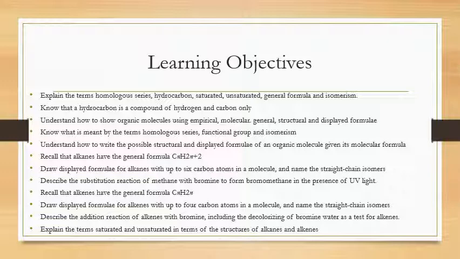We're going to define some terms, know what hydrocarbons are, understand how to show organic molecules like the hydrocarbons in different ways, know what is meant by a number of terms, how to write possible structural and displayed formulae, so we'll learn what those terms actually mean, recall the general formulas of the alkenes and alkanes, again focusing on displayed formulae for the alkenes and alkanes, and describe a number of different reactions that the hydrocarbons can undergo.